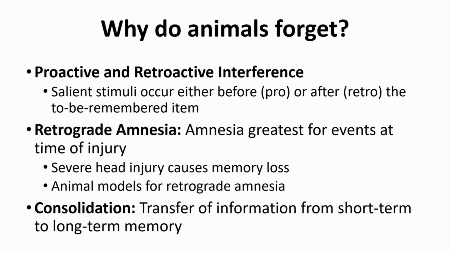And this can be caused by severe head injury, or we can start looking at things like animal models where we can introduce retrograde amnesia. And we're going to talk about a really, really cool study on the next slide using hypothermia to induce amnesia. And most of our animal studies of amnesia are focused on understanding consolidation.